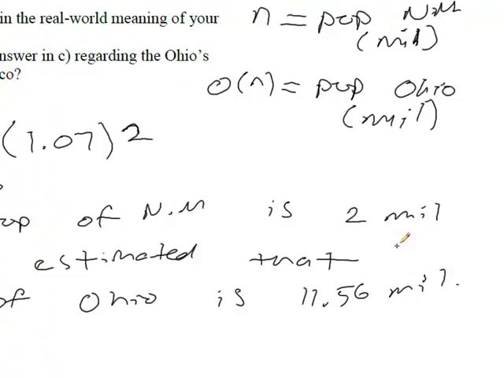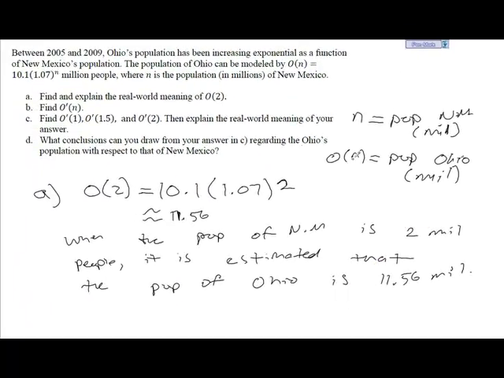Okay, so very nice. That gives us a relationship between two populations, and we can see that obviously New Mexico has a very low population in comparison to Ohio. It's roughly about 1/6 the size of the population.